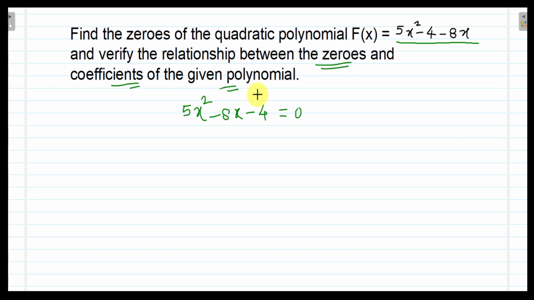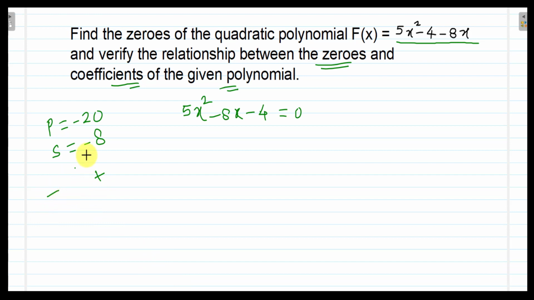Now we take the product of a and c. So we want product as 5 times minus 4, that is minus 20, and sum we want as minus 8. So we search for two numbers whose product is minus 20 and sum is minus 8. Since the product is negative, one number will be negative and another number will be positive.